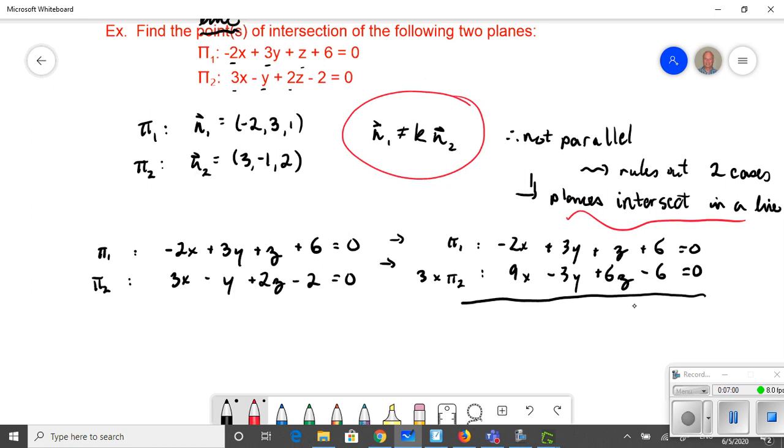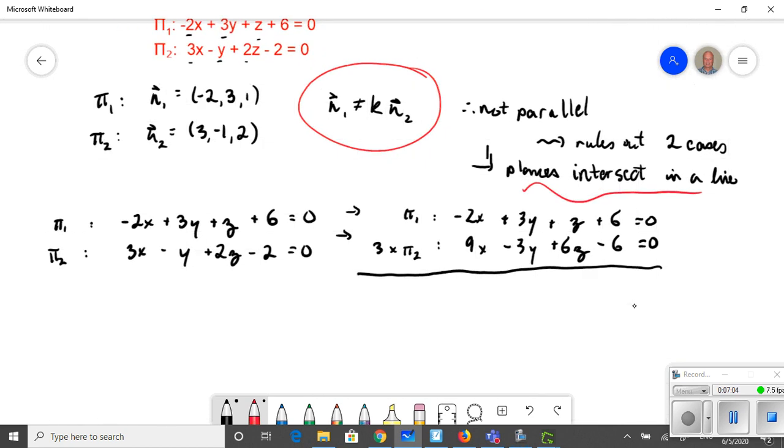Like I said, I just have to make a decision here. I thought the easiest was to multiply plane 2 by 3 and add my components. When I add, I'll have 7x, my y's will eliminate each other, so it'll be 0y, and I have 7z equals 0.